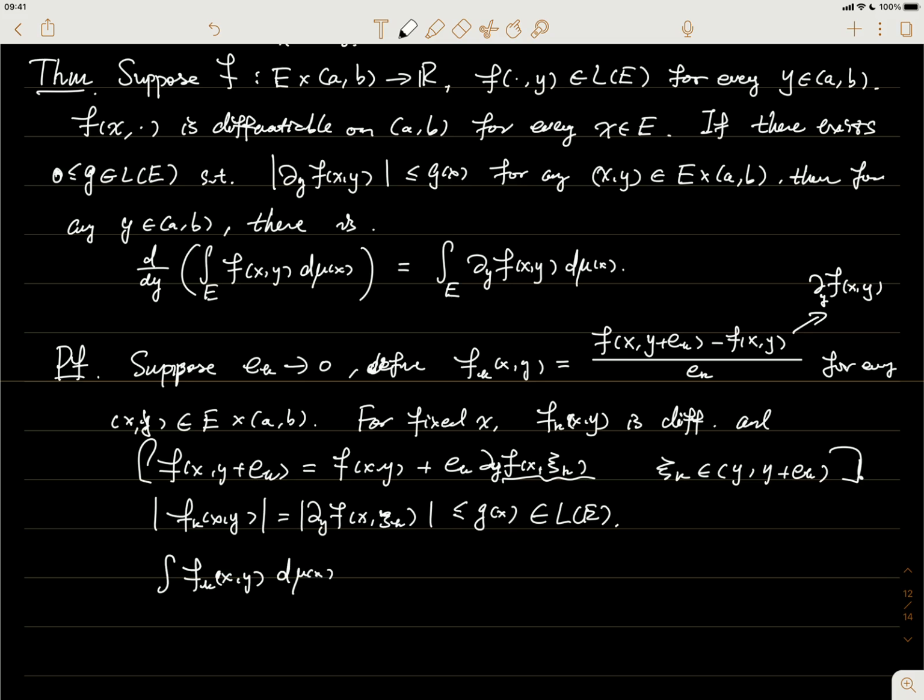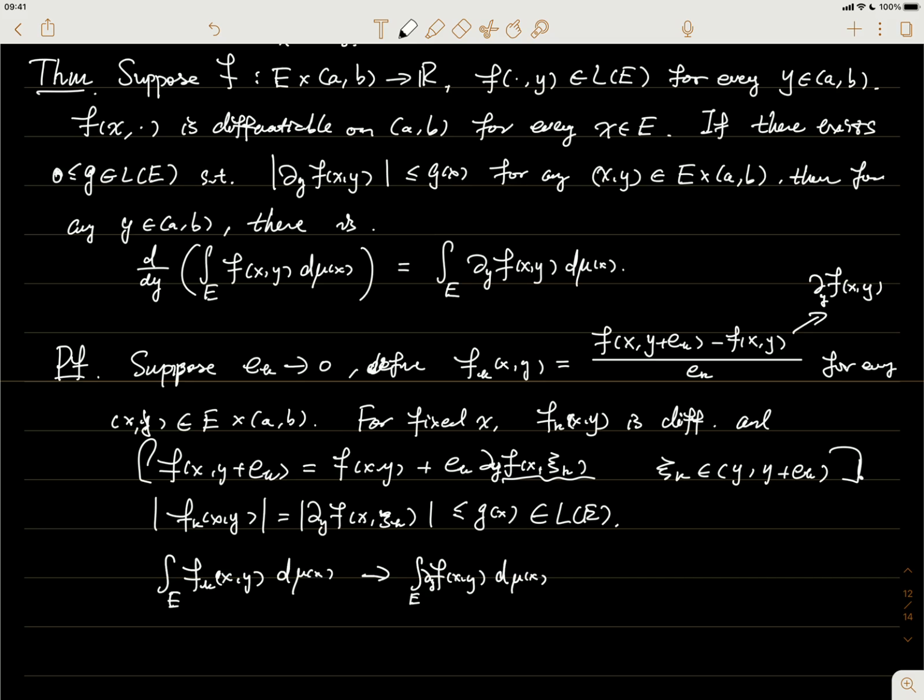For k goes to infinity, this converges to that. So since each of these f_k is bounded by an integrable function, we know that this converges to the integral of the partial derivative of f at x and y, d mu x. Then we take the integral here. Okay, we'll converge that.